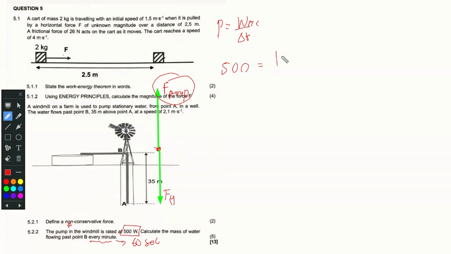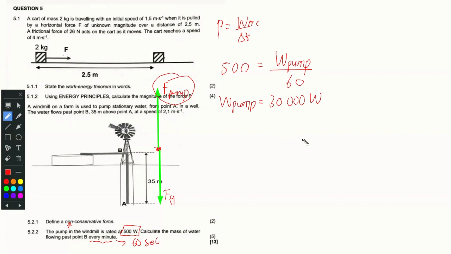And then here we have work done by pump over delta T, which is 1 minute, 60 seconds. So work done by the pump will now be what? 500 multiplied by 60. So that's 30,000 watts. SI unit is very important.